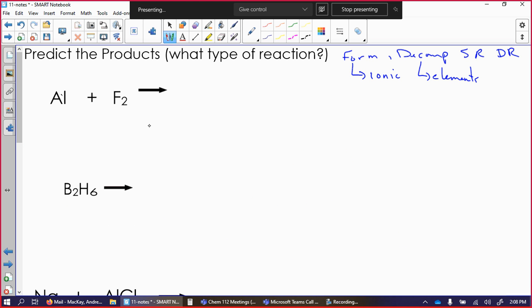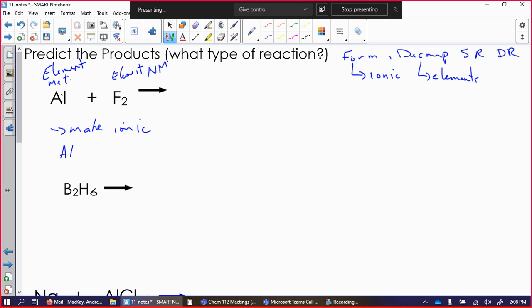So this first one, aluminum, that's an element. Fluorine, that's an element. That means it's formation. This is the metal, and that's a nonmetal. So we need to make an ionic compound. So if it's ionic, I need to know what two ions we're going to have.